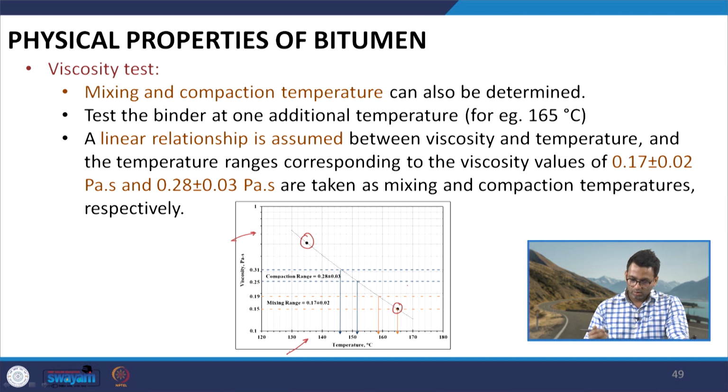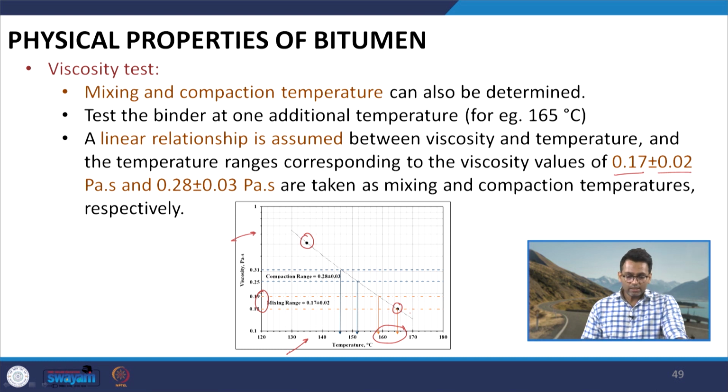And then we find the temperature range at which the viscosity is in the range of 0.17 plus minus 0.02 Pascal second, and the temperature corresponding to this viscosity range is considered as the mixing temperature of the bituminous mixture.